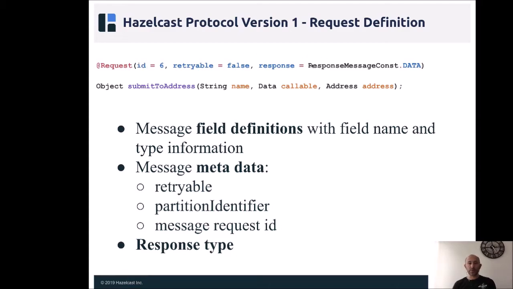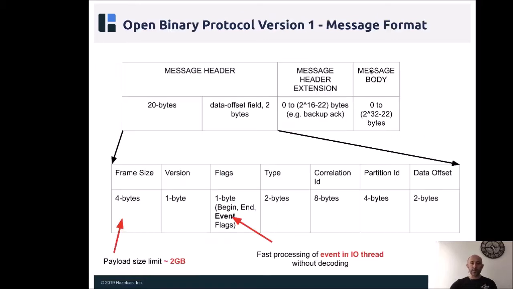What's the response type to this message? And name, address, and callable. These are the parameters that we send from client to server, and the name of the message is submit to address, for example. And the response type is specified here, so we know the type of the message we receive.